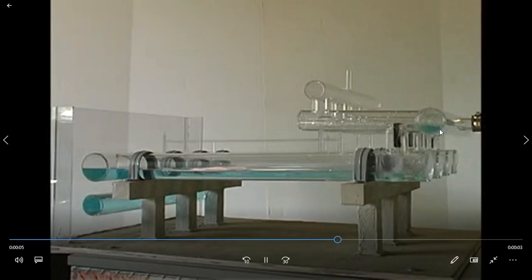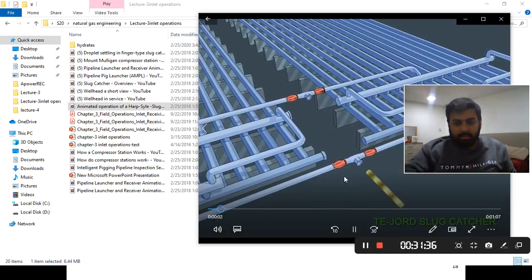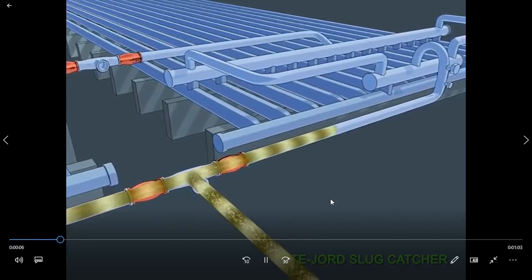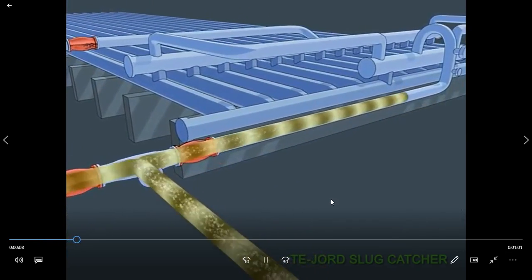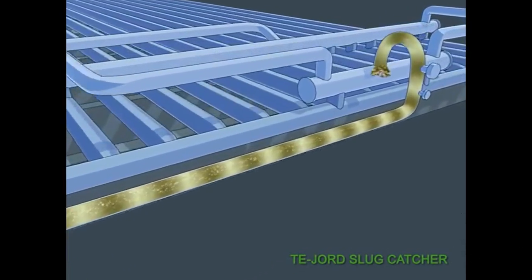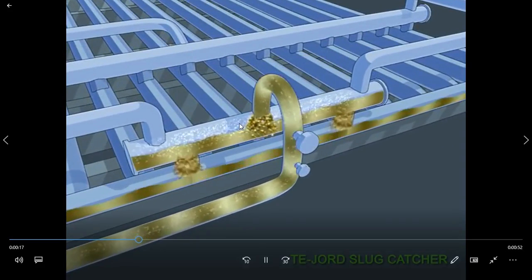Simple. So now you see here it becomes two-phase.